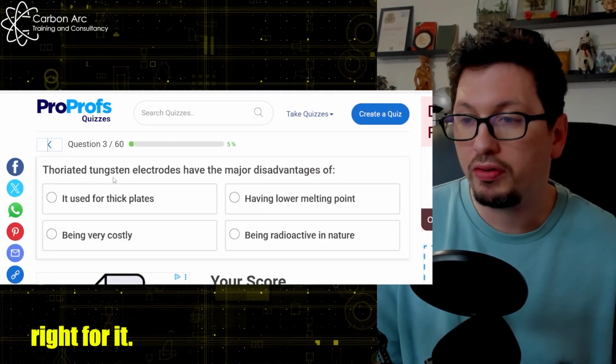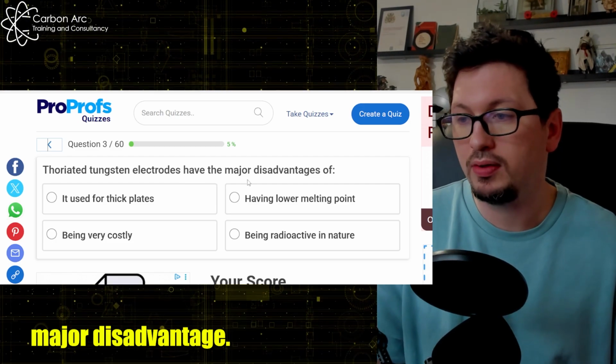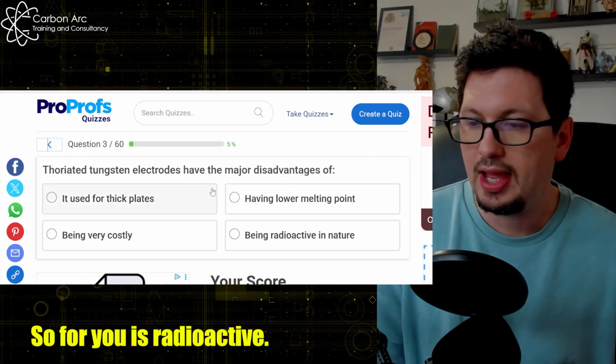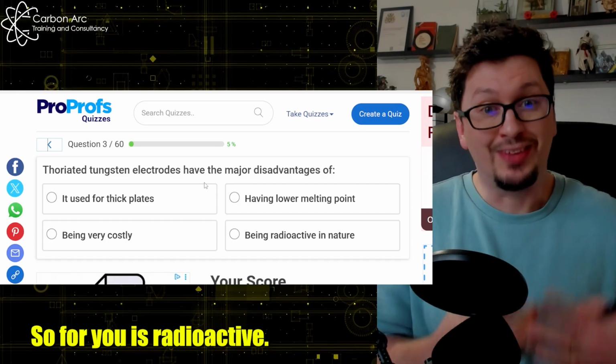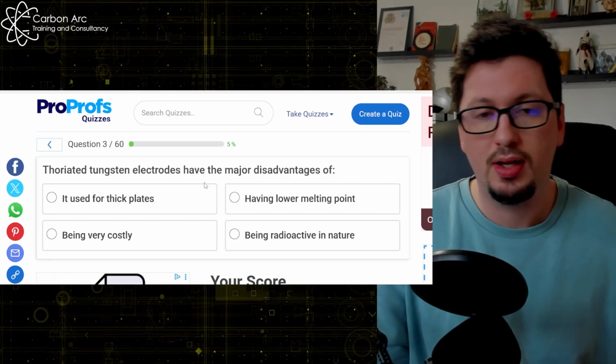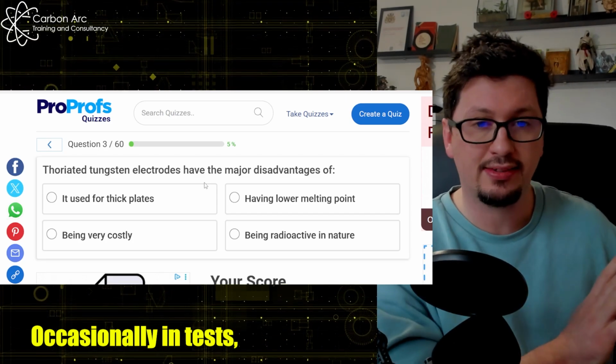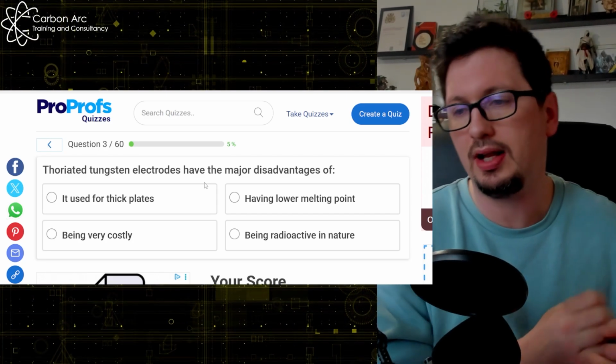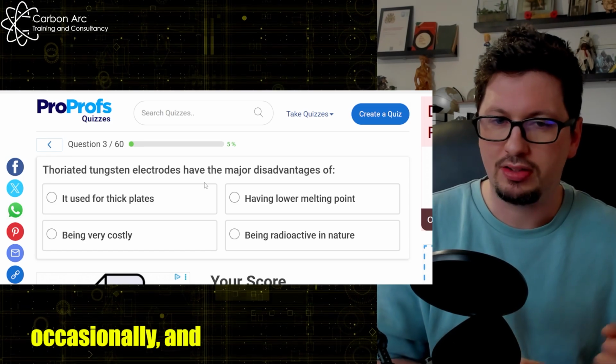Right. Thoriated tungsten electrodes have one major disadvantage. So thoria is radioactive. It gives off alpha and beta radiation. Occasionally in tests, it's given off gamma radiation as well, but very occasionally.